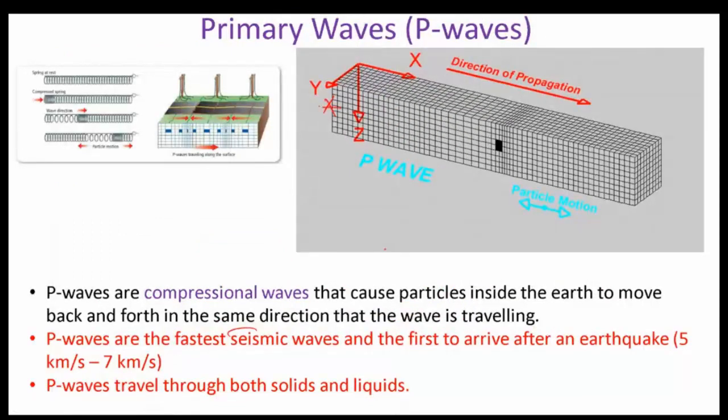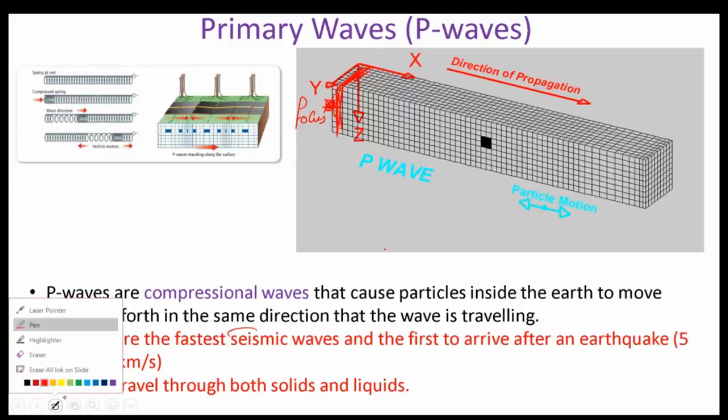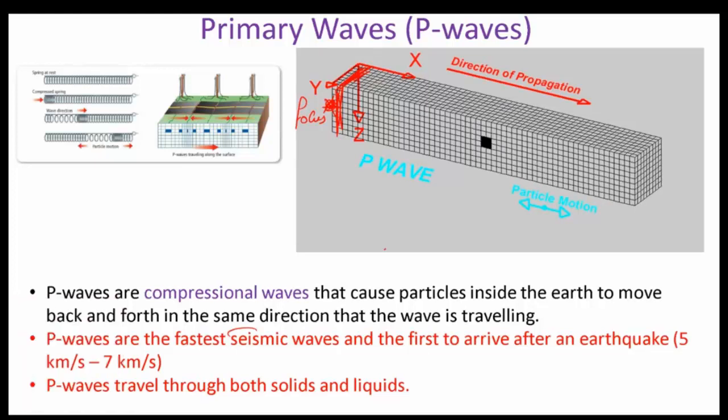Let's say this point is the focus of the earthquake. This is where it lies along the crack. The vibration starts from here. So this focus will push the first layer of the rocks. The first layer, in its turn, will push the next layer, and the next layer will push the next layer, and so on.